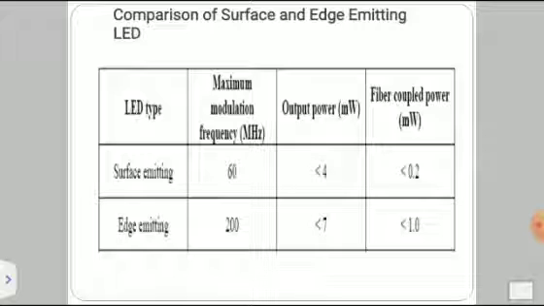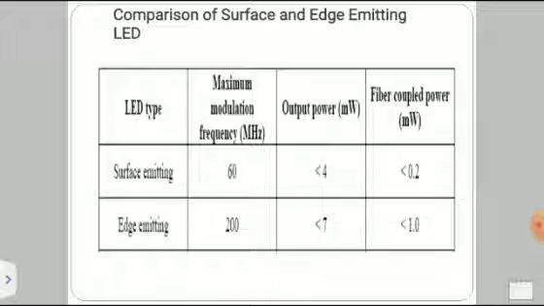For the surface emitting LED, it is maximum 4 milliwatts only. But the edge emitting LED can handle up to 7. It is an advantage. More power means the distance of communication is more.